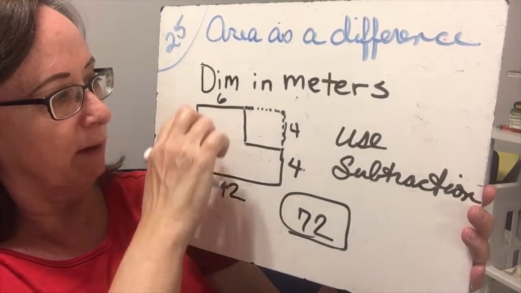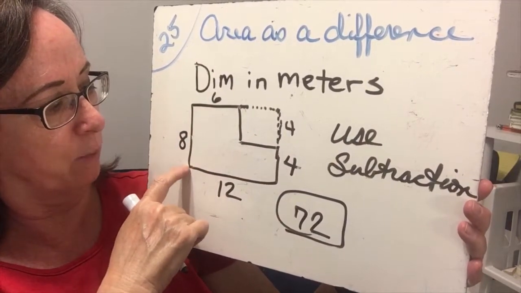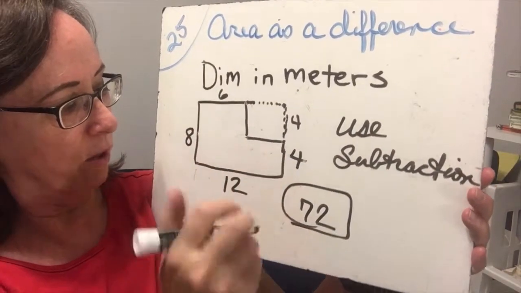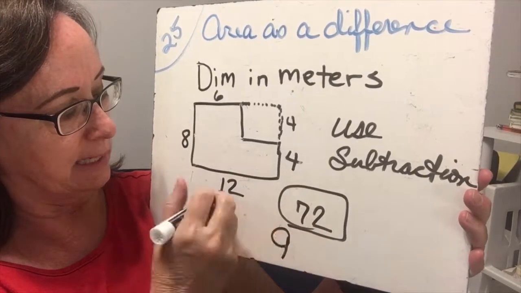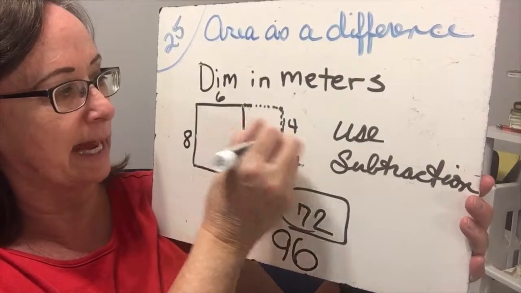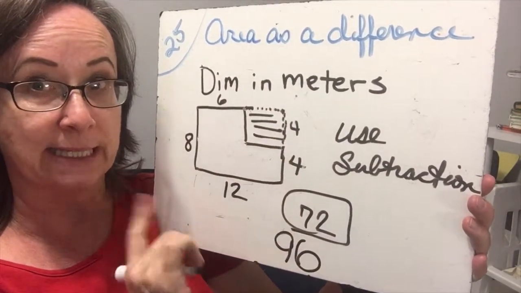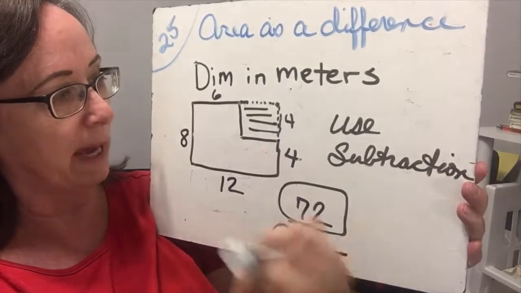So the area of the big sheet cake is going to be the big width times the big length, which is 96, because 8 times 12 is 96. But then we need to take away the area of the piece that somebody has eaten. So we're going to take away.